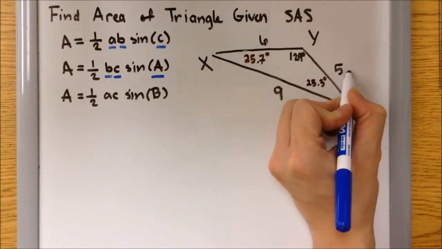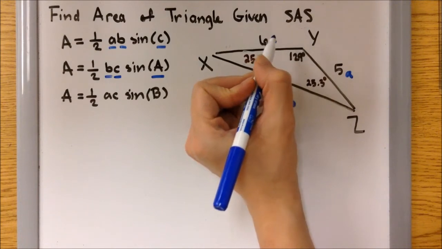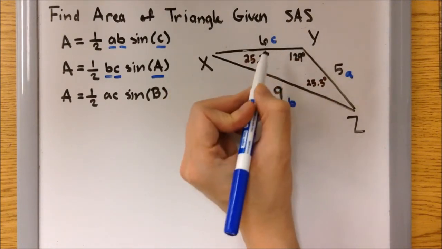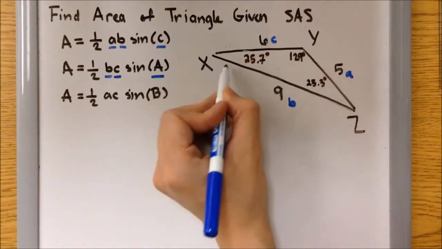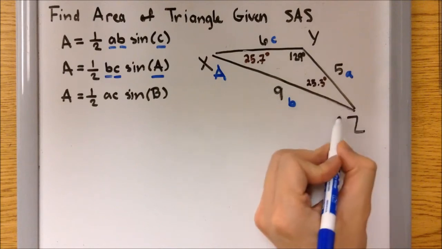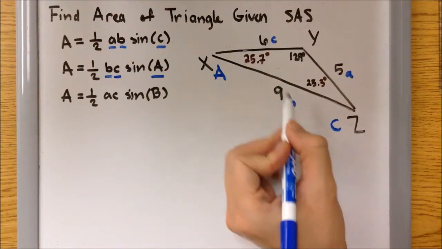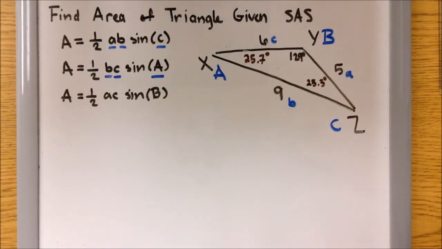So I can say that this is my A, my B, and my C, all lowercase. So once I label my angles, so across from A, capital A, across from C, capital C, across from B, capital B. Alright, so I label all my sides.